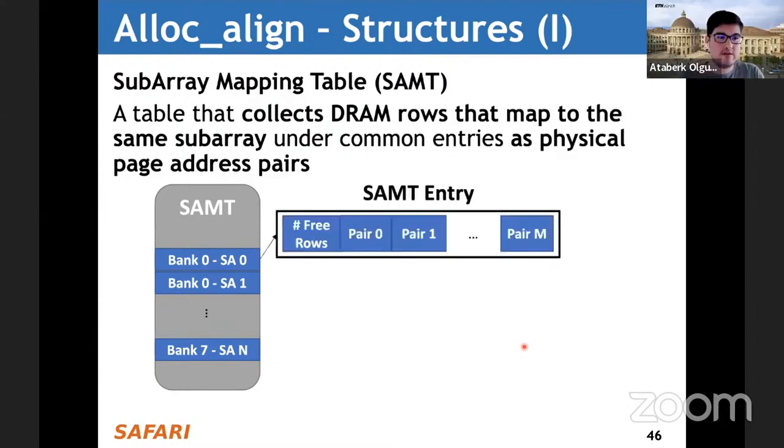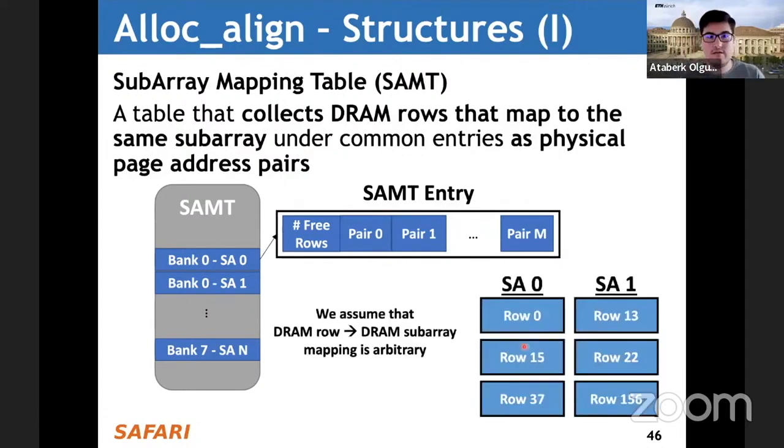So an entry looks like this. It has first some metadata, the number of free rows in the entry, and then we have M pairs, and each pair is 2 physical addresses essentially. All the physical addresses in this entry will point to DRAM rows that are in the same subarray.